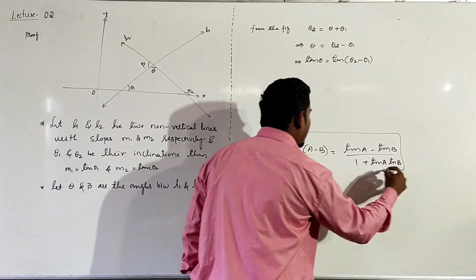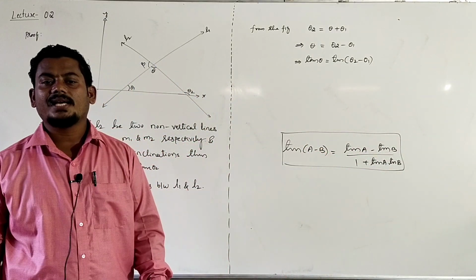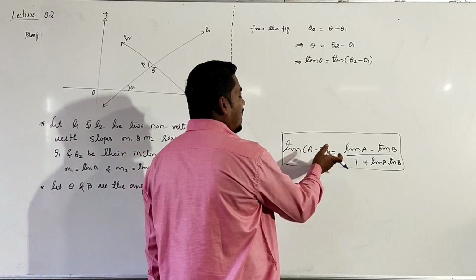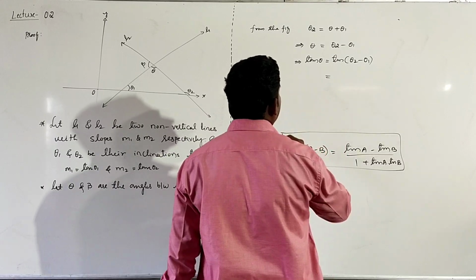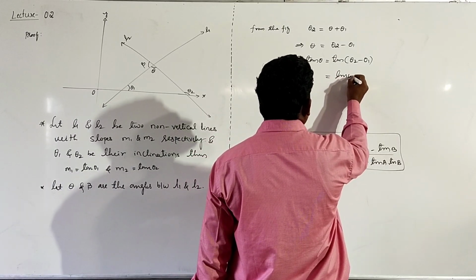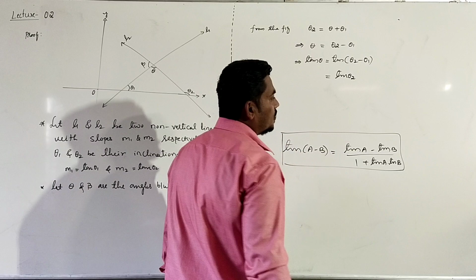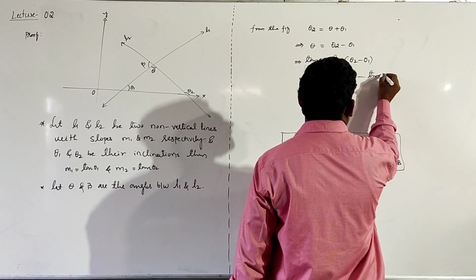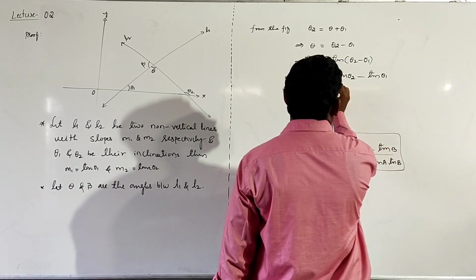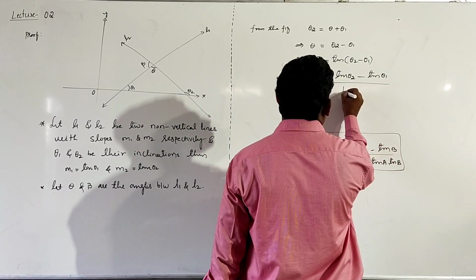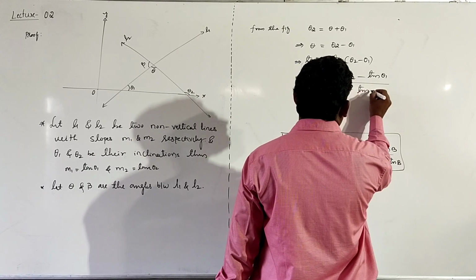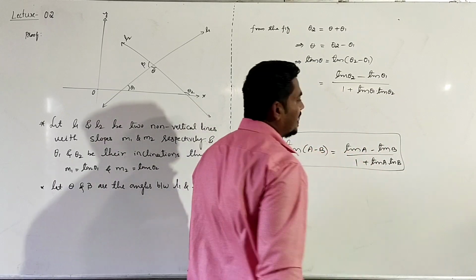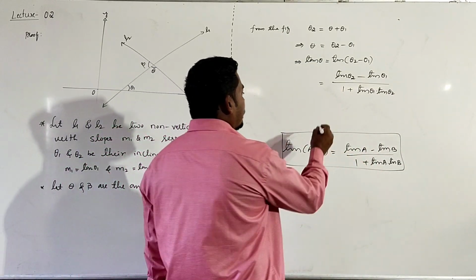Apply this formula. That is equal to, instead of a we have theta 2, tan theta 2 minus tan theta 1 whole divided by 1 plus tan theta 1 into tan theta 2.